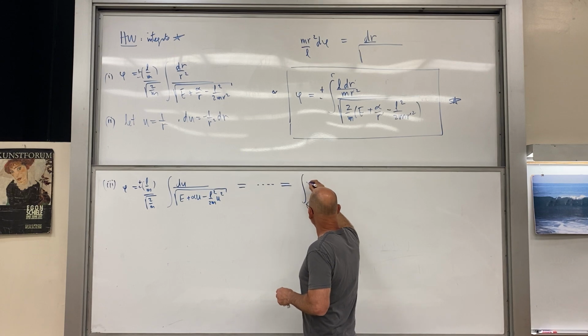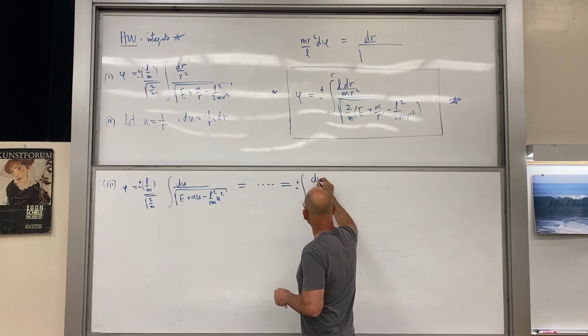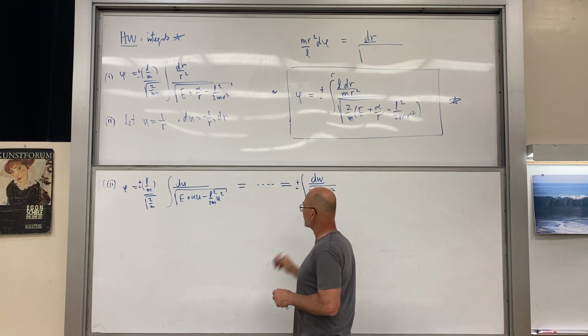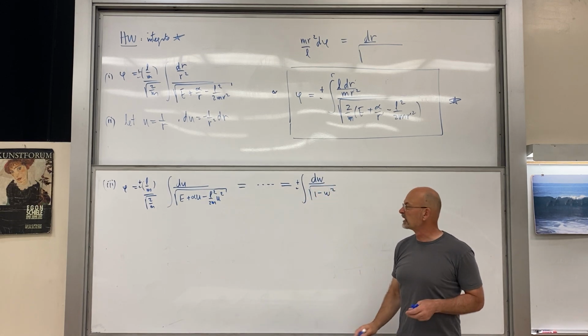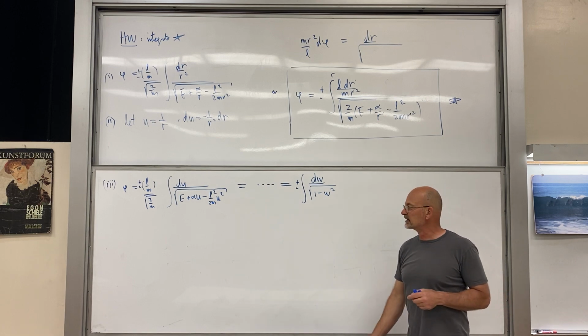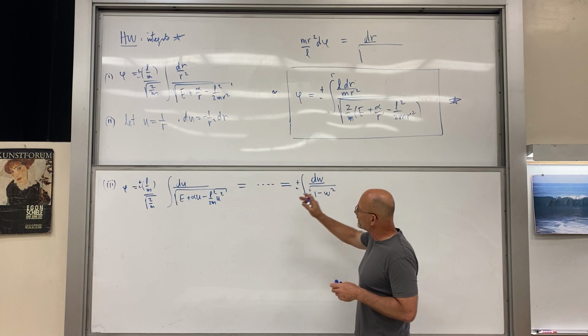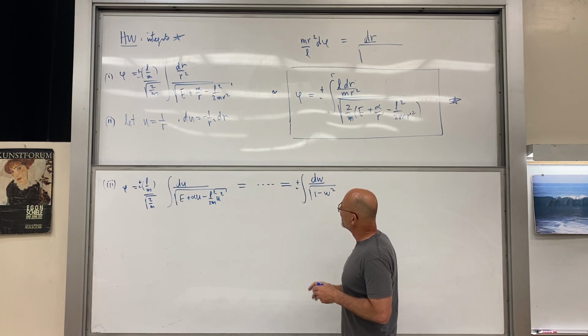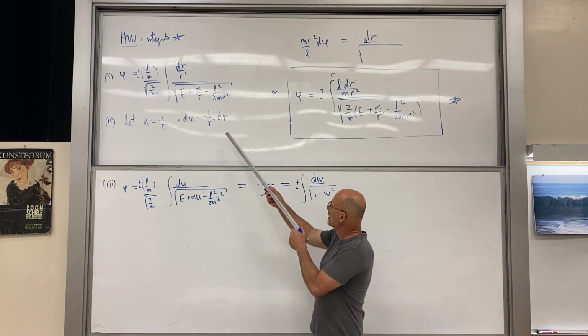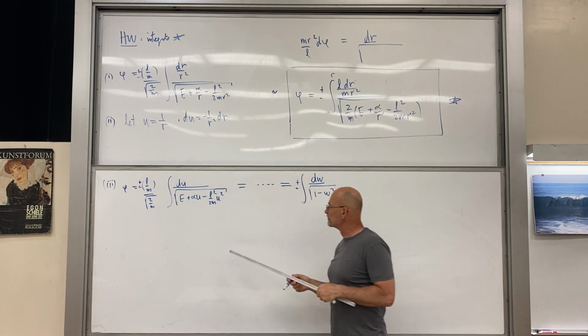You can actually bring it into this form, dw over root 1 minus w squared, at which point you really know you've got your inverse cosine. And then you work your way back with the substitutions until you are right here.